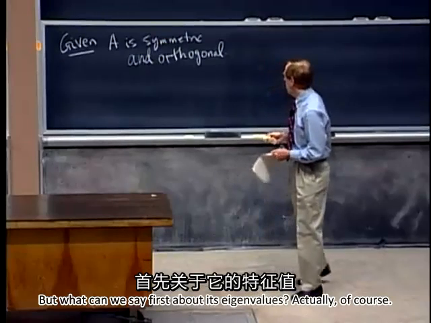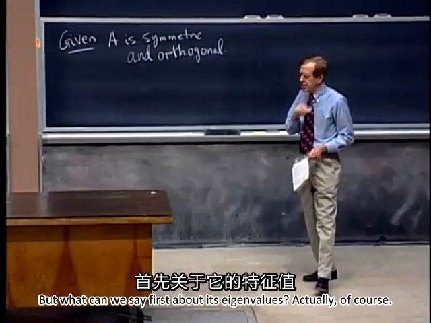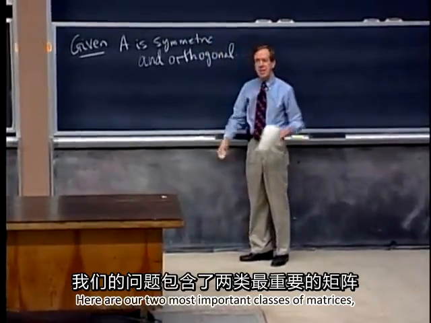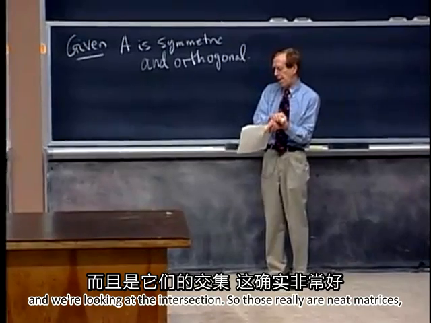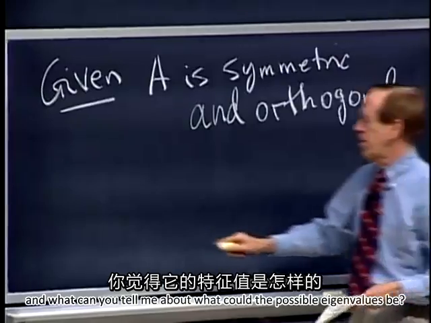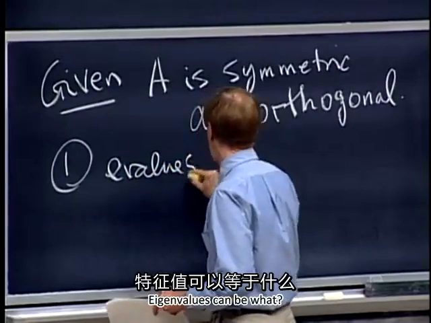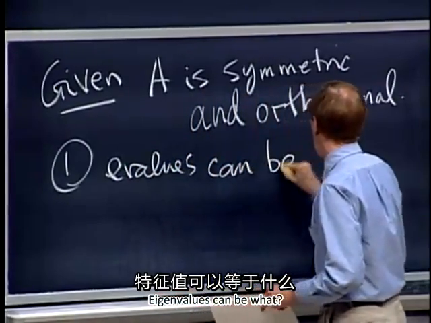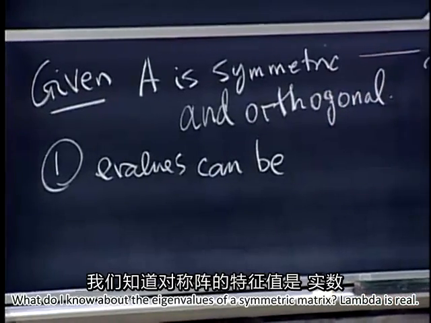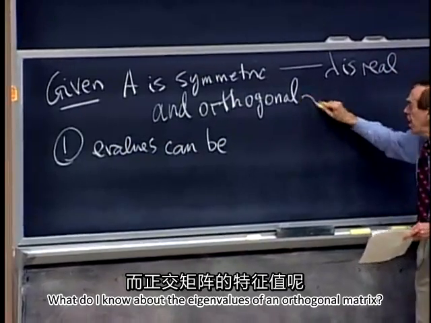But what can we say first about its eigenvalues? Of course, here are two of the most important classes of matrices, and we're looking at the intersection. So those really are neat matrices. What could the possible eigenvalues be? What do I know about the eigenvalues of a symmetric matrix? Lambda is real.